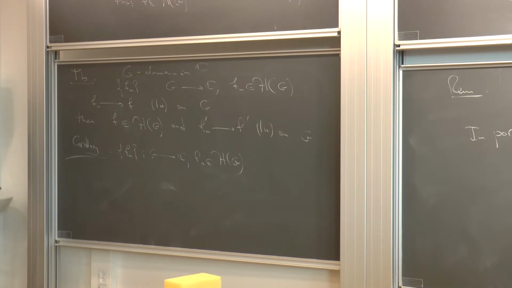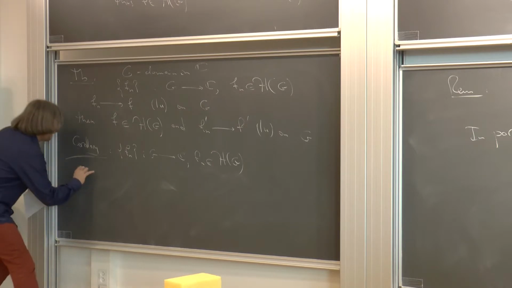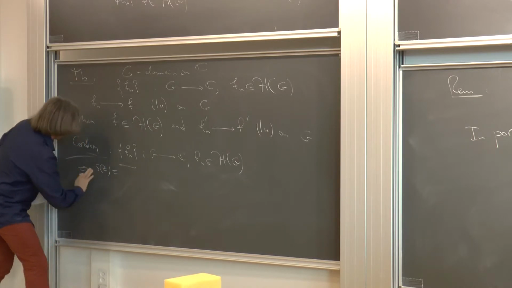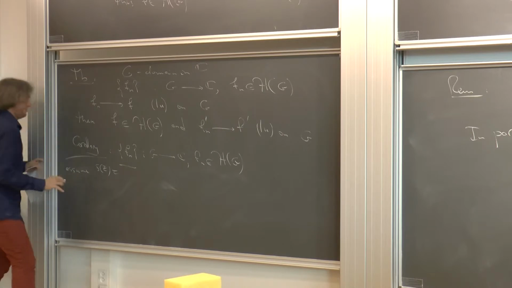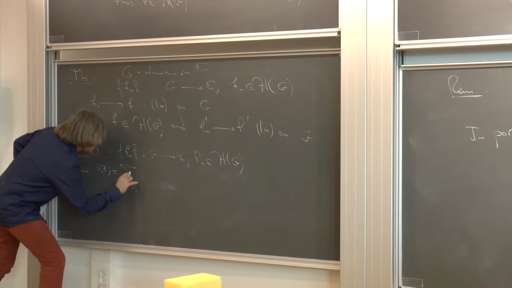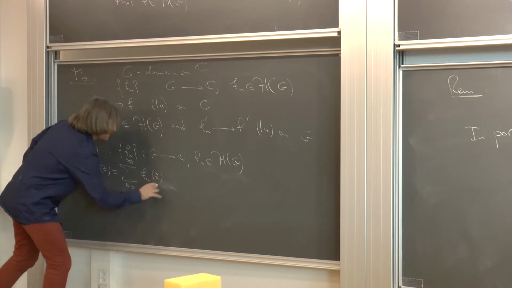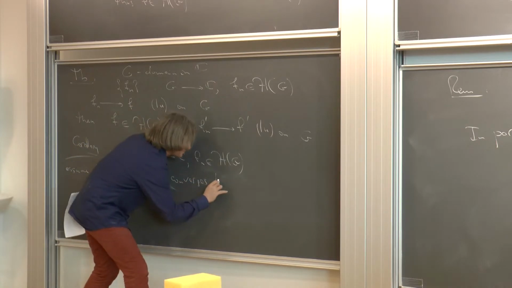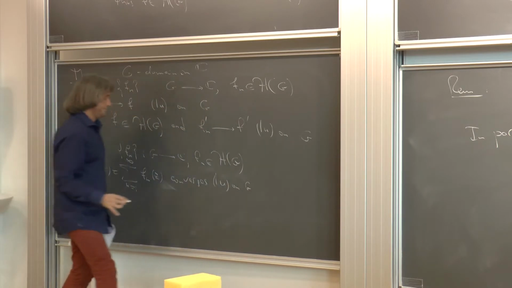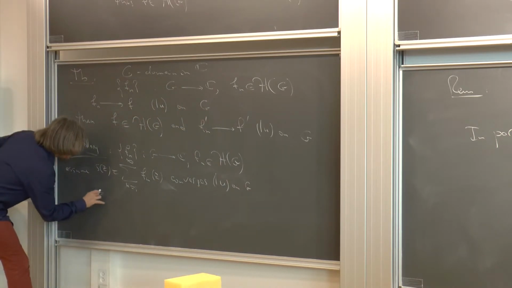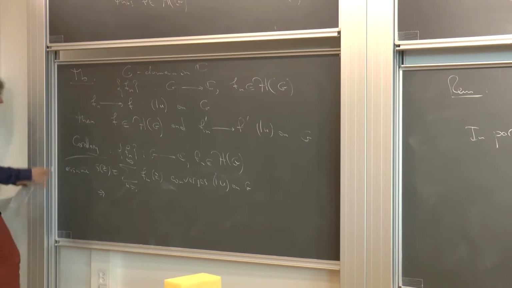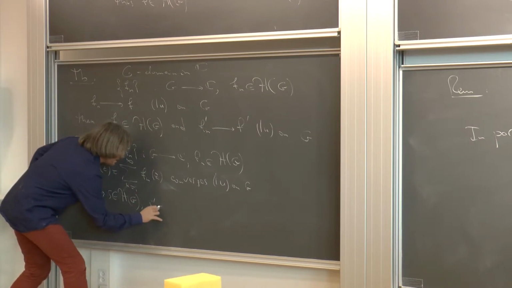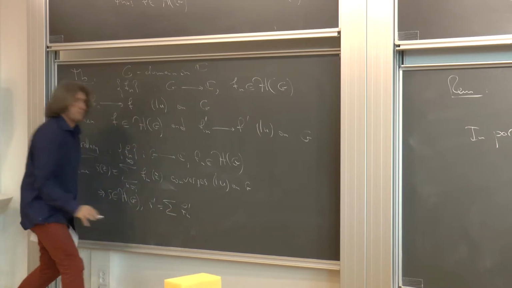And then S of Z, which is the sum, so assume that this sum converges, again, locally uniformly on G. And then, well, what we stated here, S is holomorphic on G, and S prime is the sum of Fn prime.